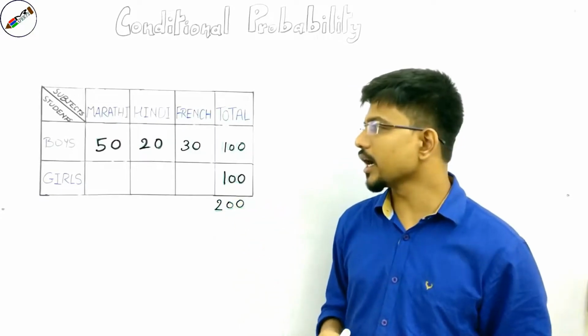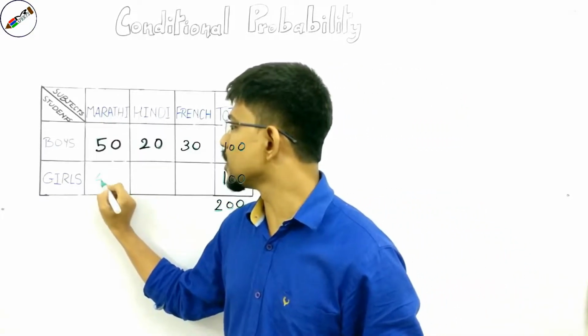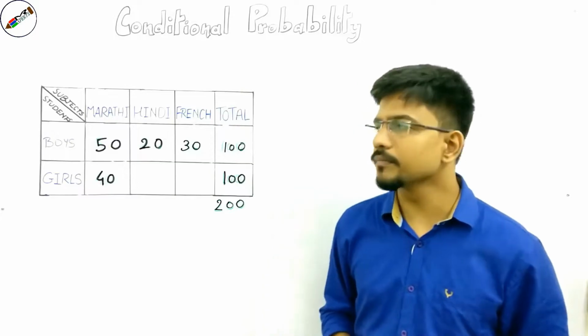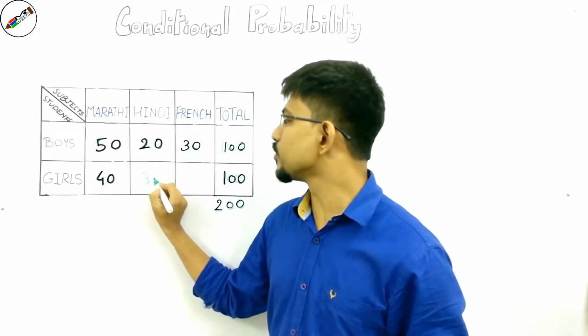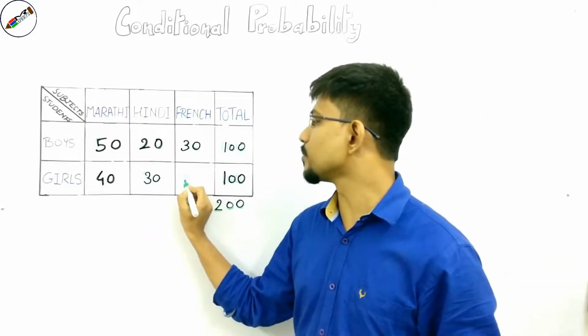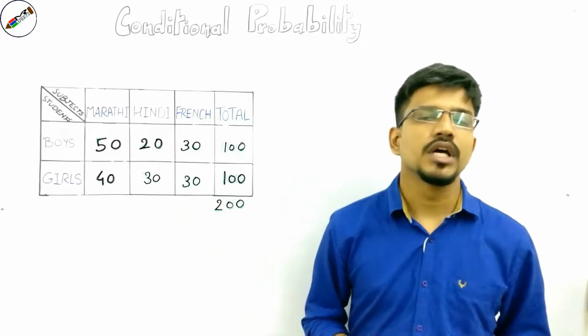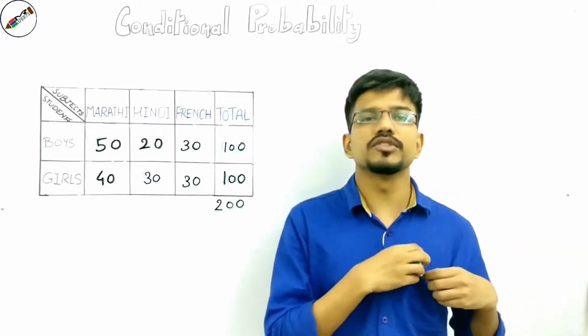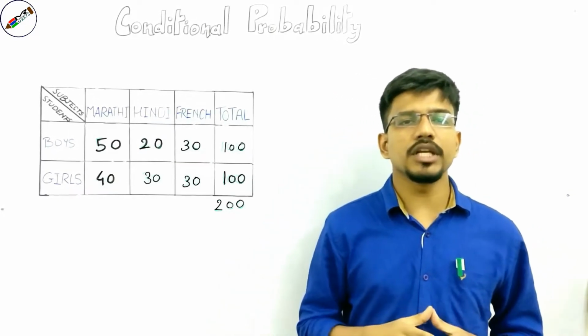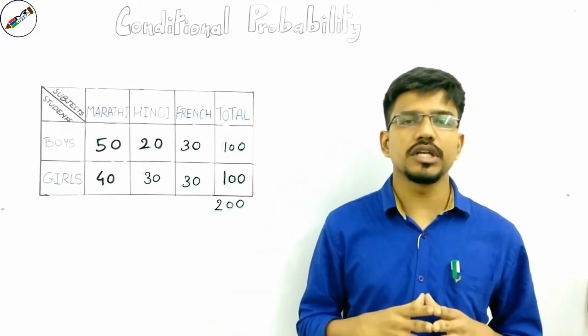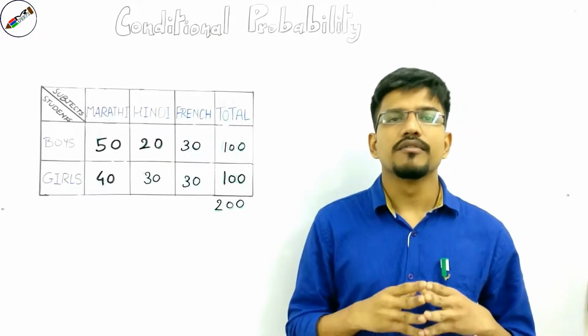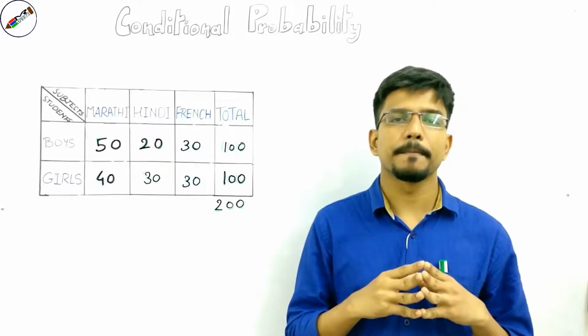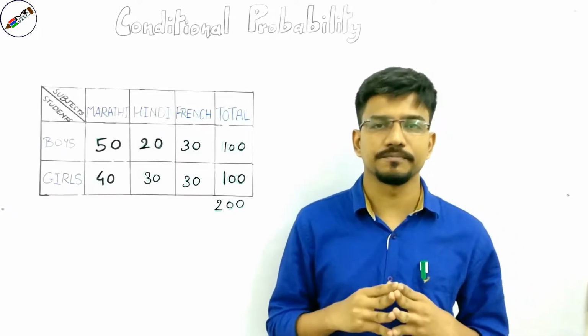Let me say that around 40 girls opted for Marathi, 30 girls opted for Hindi and 30 girls opted for French. Now, the question for conditional probability comes like this. Find the probability that the selected student has selected French as their language, provided that it is a girl.